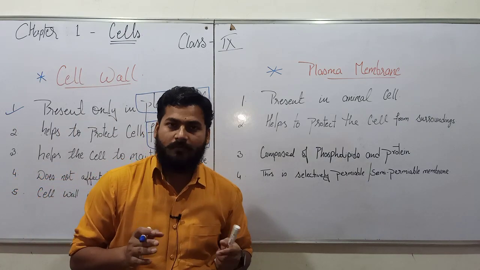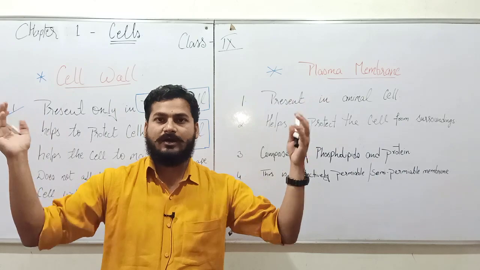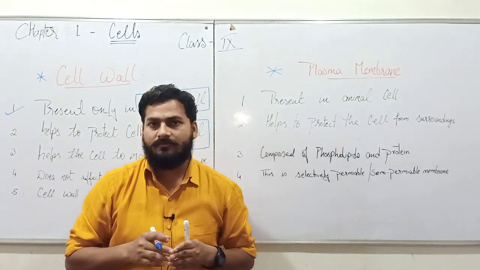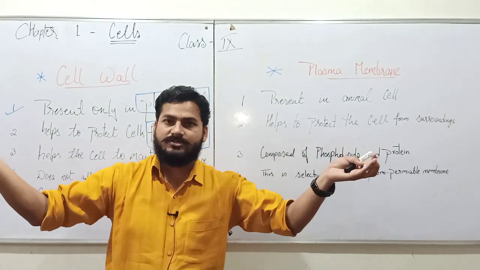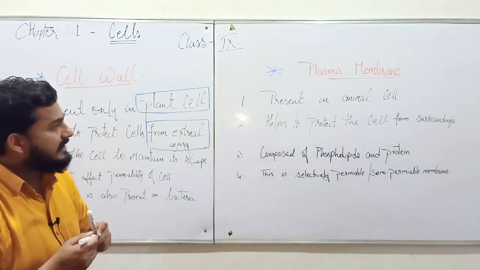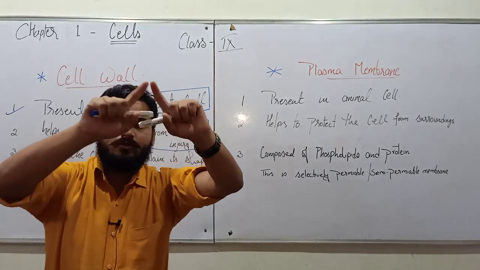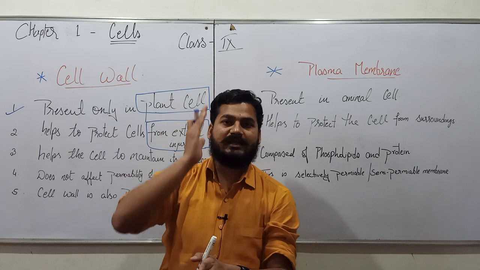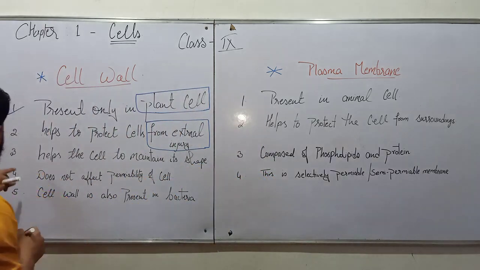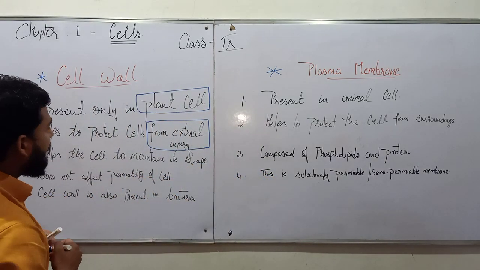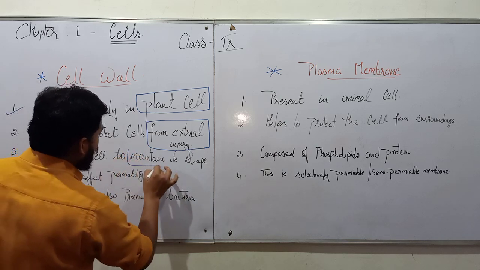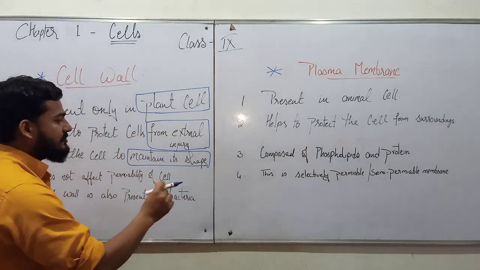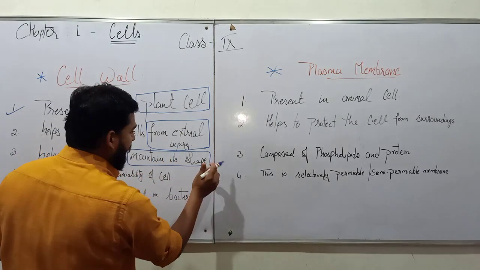Any wall, what does it do? Your wall from your house, it protects everything which lies inside the wall from any external damage. So is the case with cell wall. Cell wall is the outermost covering of plant cell, and it will protect anything which lies inside it. The third is, it helps to maintain its shape. It means the shape of the cell.